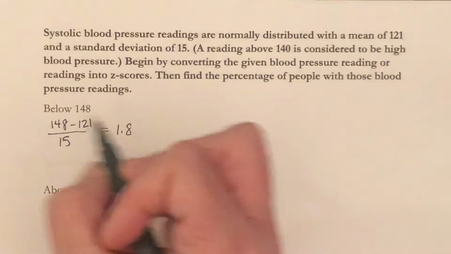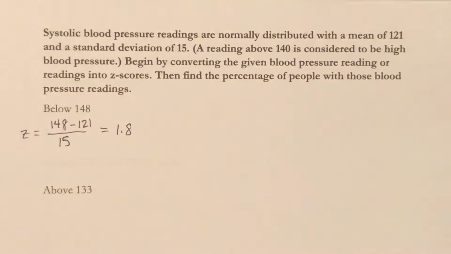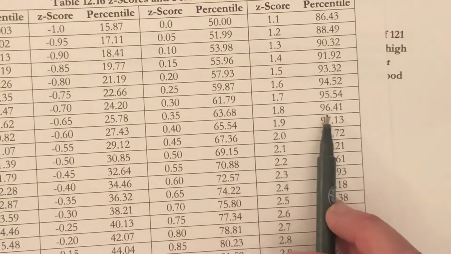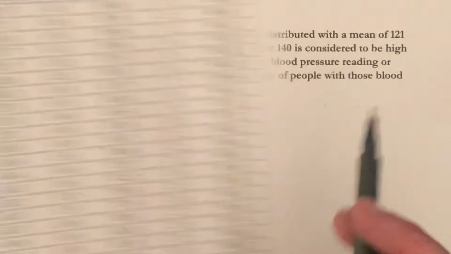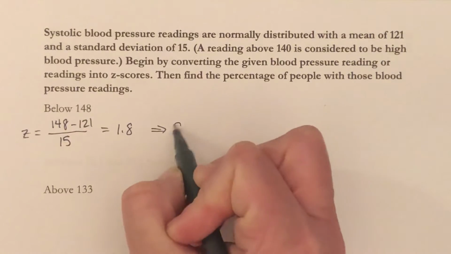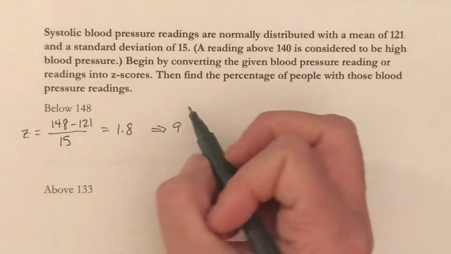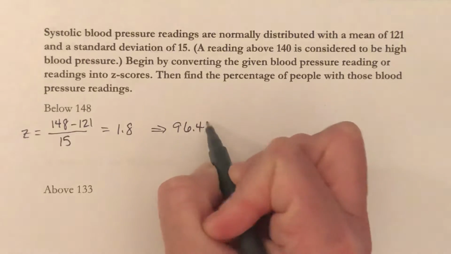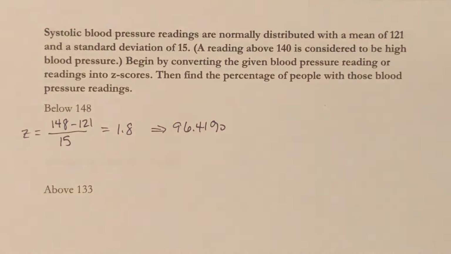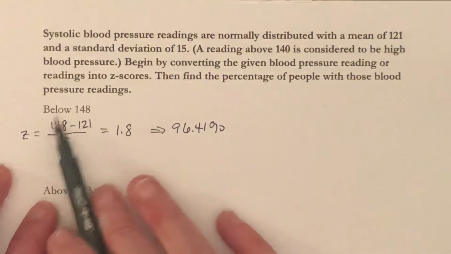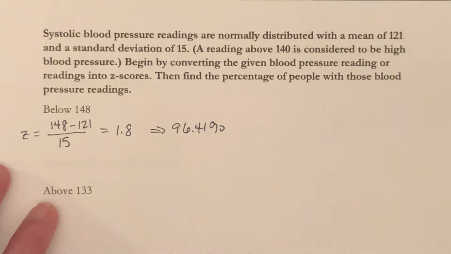So now that's our z-score. Now we take z equal to 1.8, we go to our chart. 1.8 is 96.41. And the chart tells us the percentage below that value, so that's our answer right here. 96.41% of the people had blood pressure readings below 148.